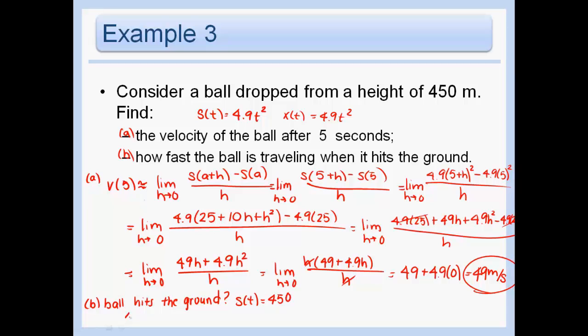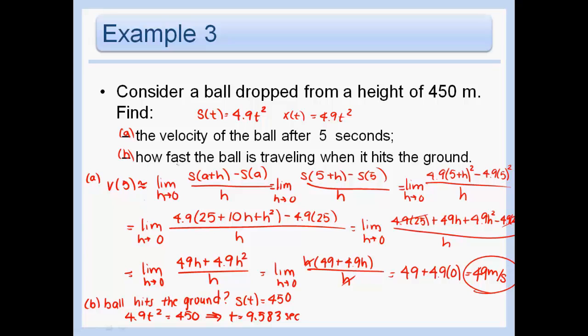So let's just do 4.9 t squared equals 450. If you did some algebra, you would get t equals 9.583 seconds. Please get in the habit of rounding to 3 decimal places. We need to do that for the AP exam, so we may as well get some practice.